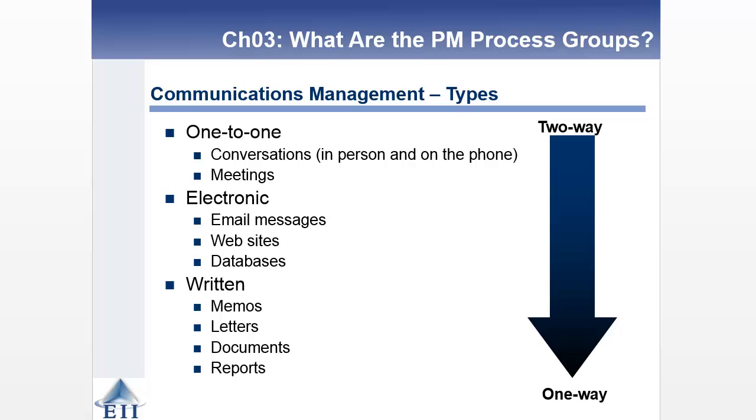Again, as you start to think about this, written, electronic, one-to-one, the challenges that you may have. Again, when you start working on large projects, and if it's multiple locations, you're going to have challenges associated with communications. Personally, if I'm in the same building, I tend to try to, instead of sending email, go see people to make sure that they can understand.